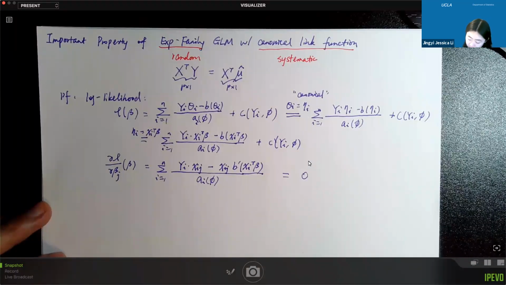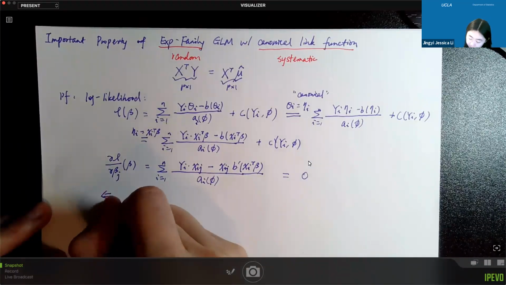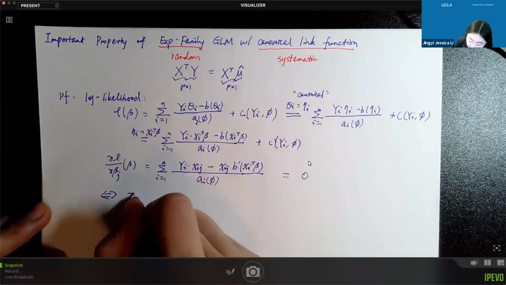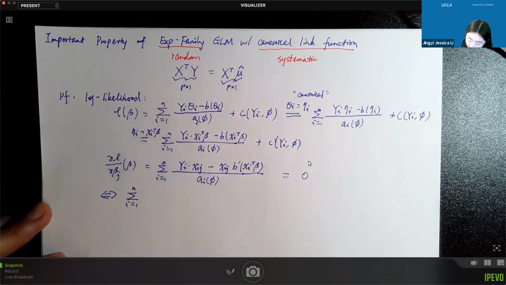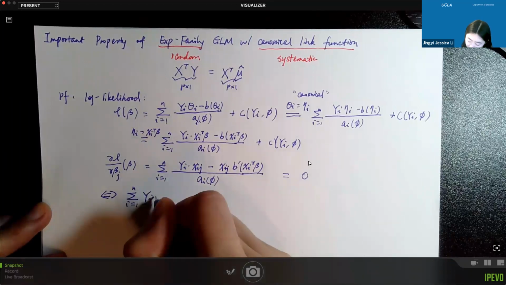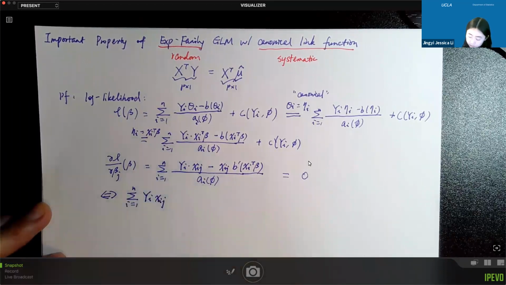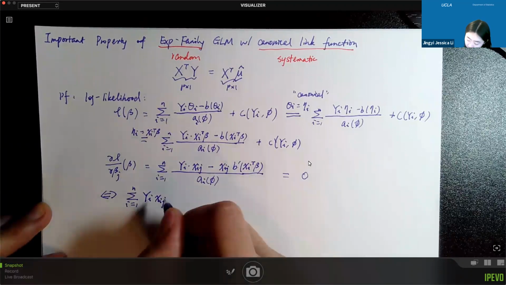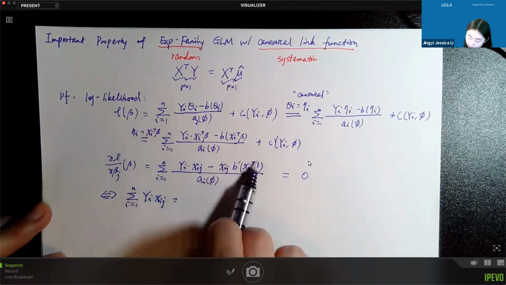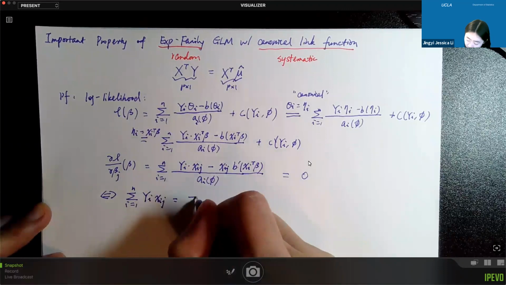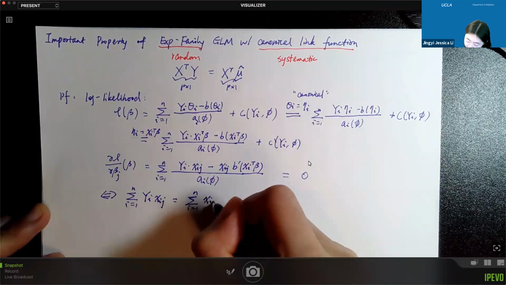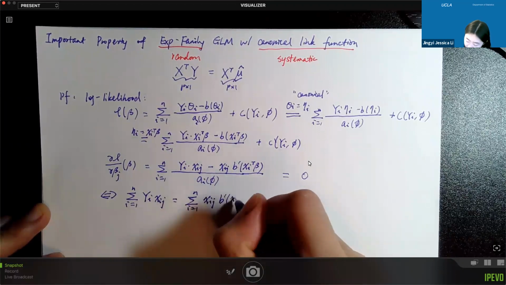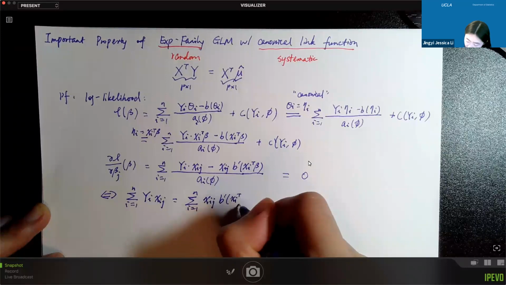So in other words, this will tell me that I would have the summation i from 1 to n, yi xij equals, I move this part to the right hand side, the sum i from 1 to n of xij times b prime of xi transpose beta, sorry.